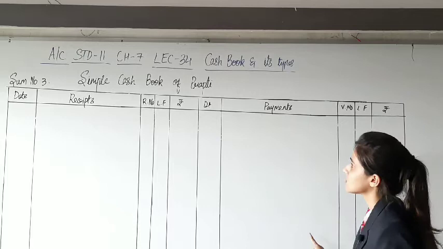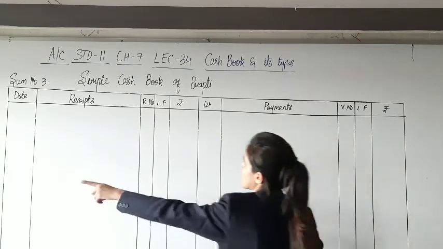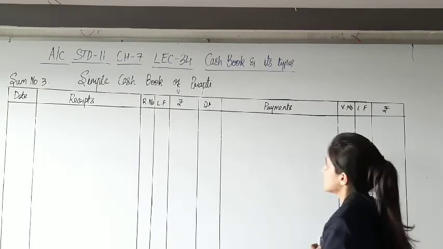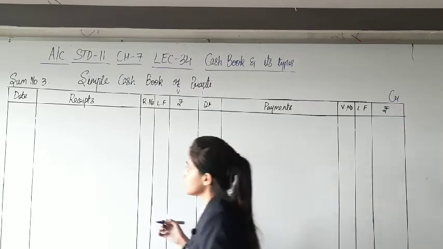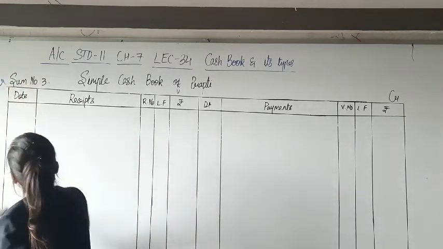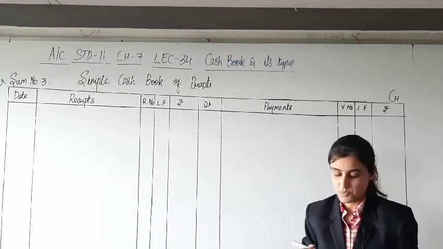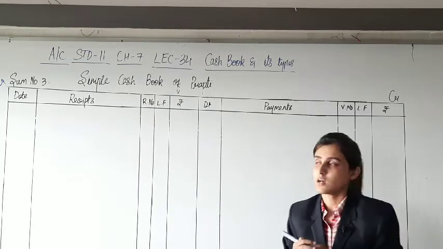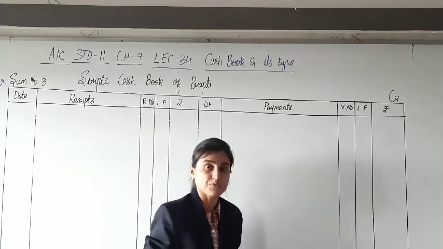I have prepared a specimen of simple cash book having 2 sides, debit and credit, date, receipts, payments, etc. Writing down debit and credit is compulsory whenever you solve the sums. So let us quickly start. I repeat, on page number 184.